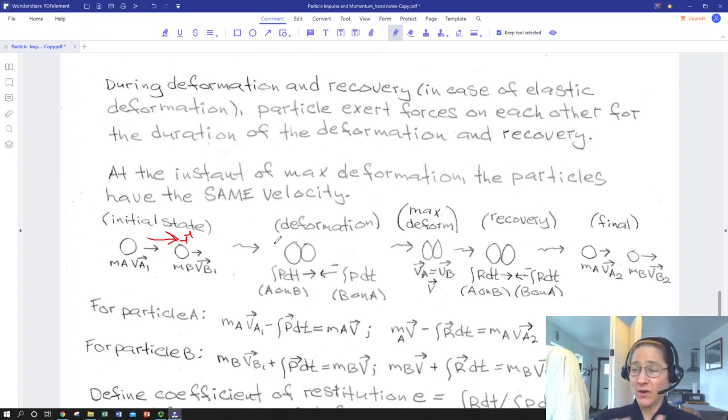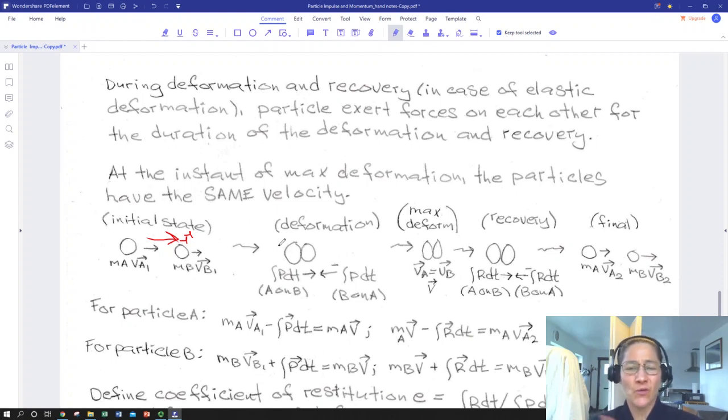And as they do, Newton's third law says they're going to exert forces on each other, collinear, equal, and opposite. Well, that means the time integral of those forces is also going to end up being equal and opposite. So the impulse of A on B is equal to the impulse of B on A, but going the other way.